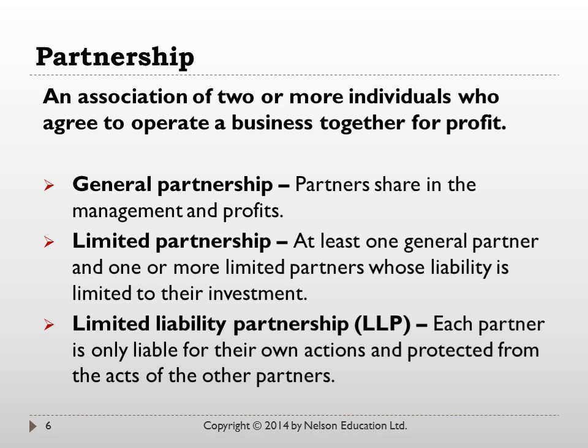So in a limited liability partnership, and we often see this in professional practices, if one of the partners is sued for malpractice, for instance, that partner being sued would certainly be liable, but the other partners are protected from the actions of other partners in the limited liability partnership.